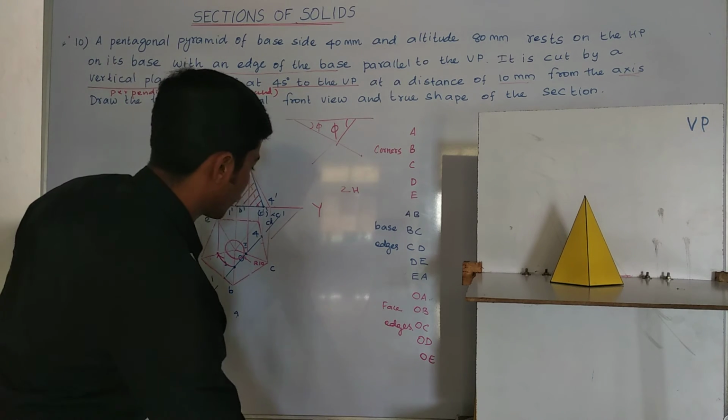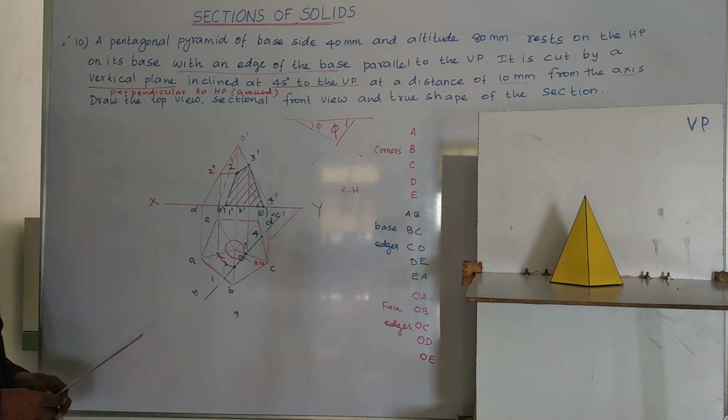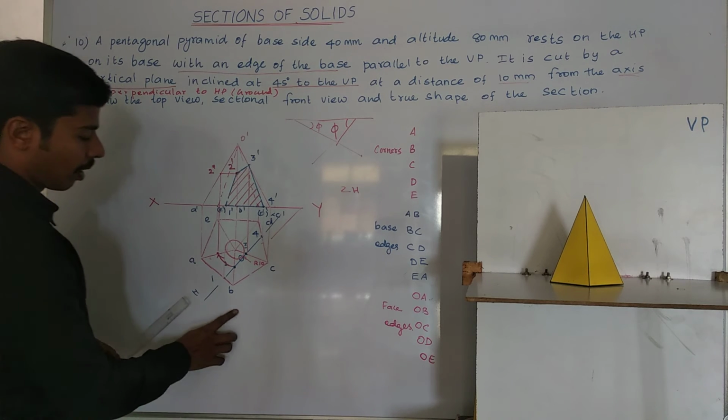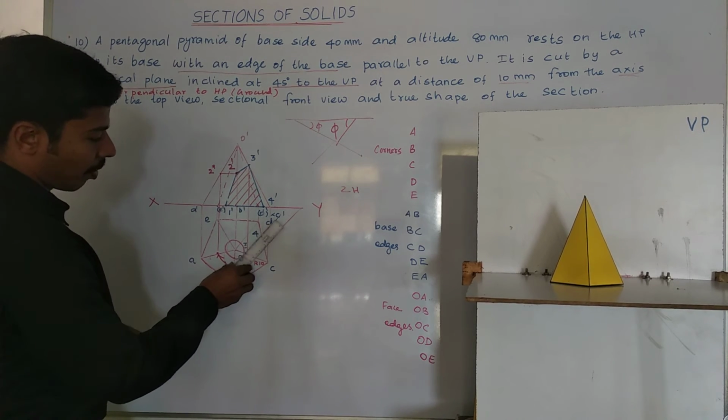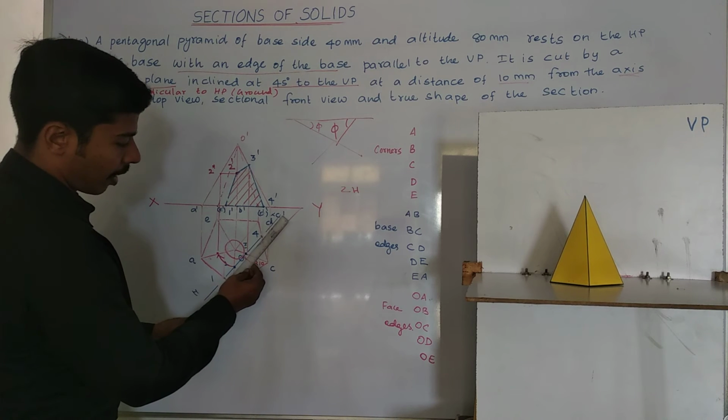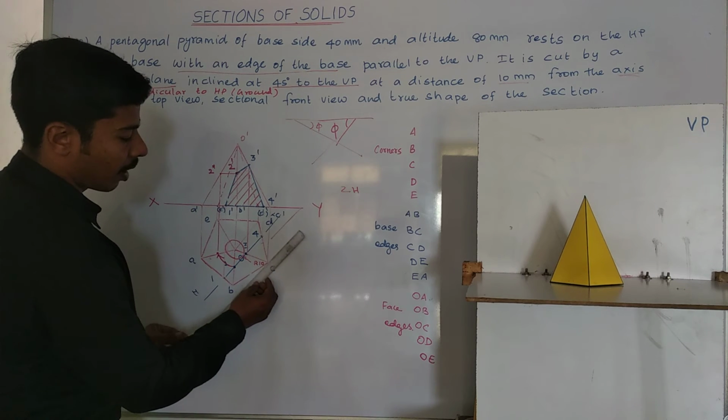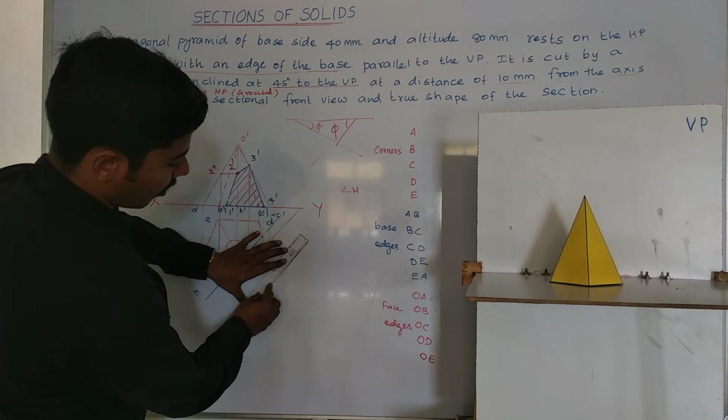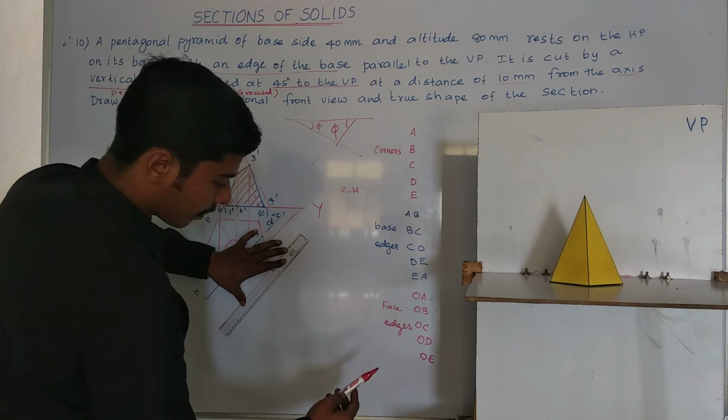Then true shape of the section. How to find the true shape of the section? We have to draw one reference line parallel to the section line. So I draw like this.